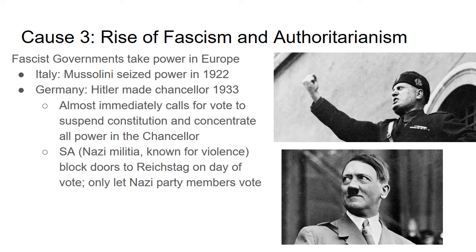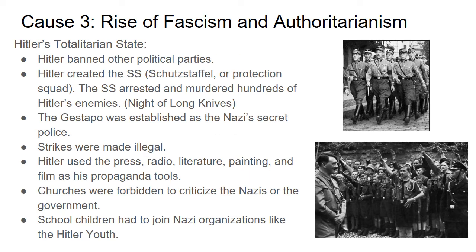Following this, Hitler seizes control of the media and takes control of the narrative surrounding this. And in doing so, he's actually able to win over more and more support from German people. After taking power, Hitler bans other political parties, and he also uses other political parties as scapegoats.